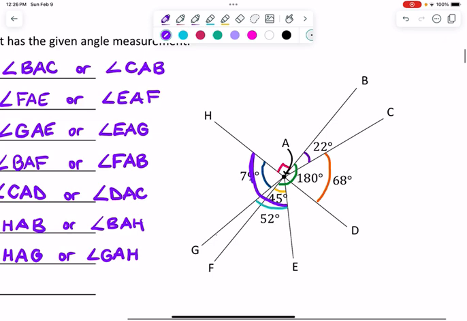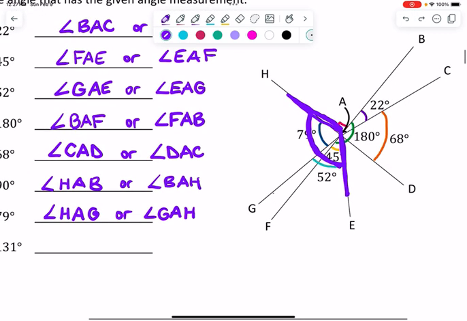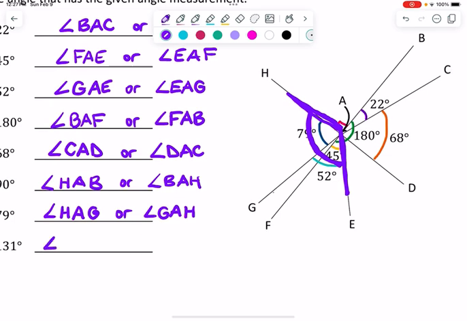So if I'm taking a look at this angle here, I'm starting at H, touching A in the middle, and then going to E at the end. This part's 79, and this part's 52, so all together that gives me the 131 degrees I'm looking for. So that would be angle HAE, or again, I can go backwards, angle EAH.